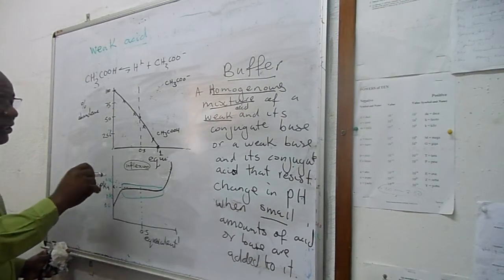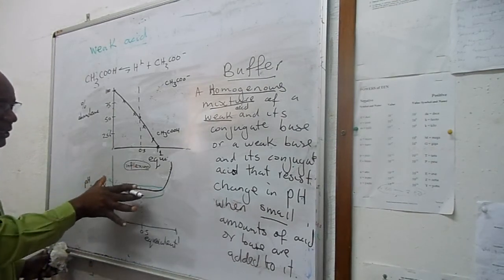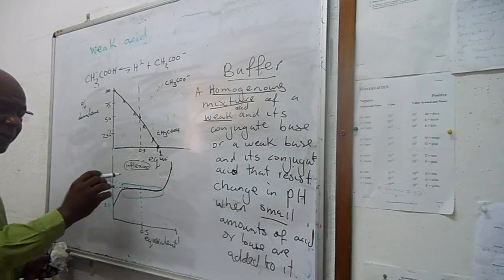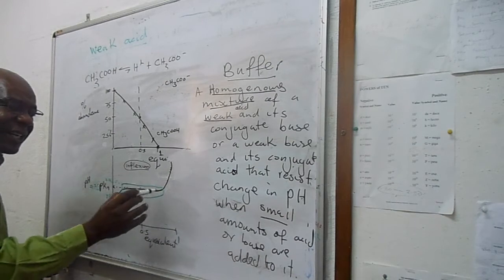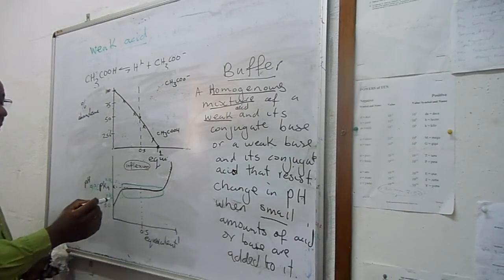So if you look at this titration curve, the one I've circled is called the buffering region of the acid.